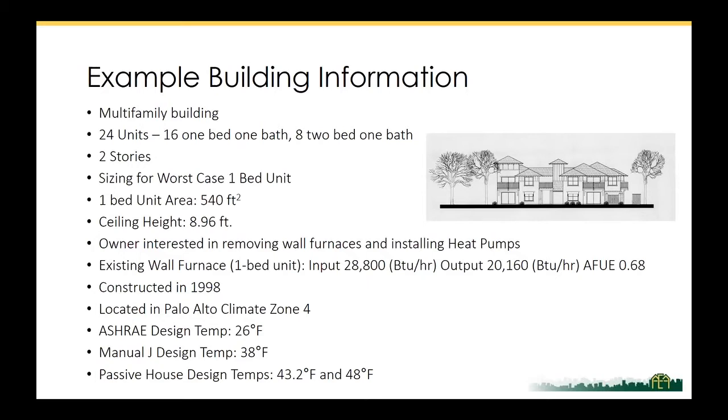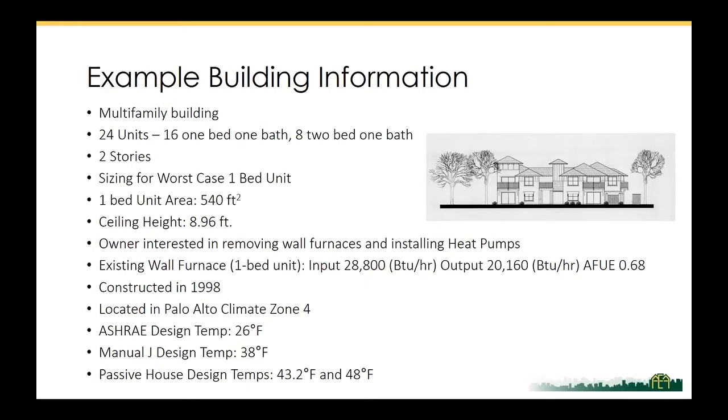Like I said, the building was constructed in 1998, located in Palo Alto, climate zone 4. The ASHRAE design temp is 26 degrees Fahrenheit. This is actually generated from Energy Pro 7. And if you look at the different design temperatures, the 26 degrees is much lower than the Manual J design temp and the Passive House design temps.